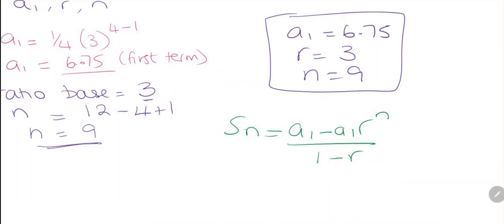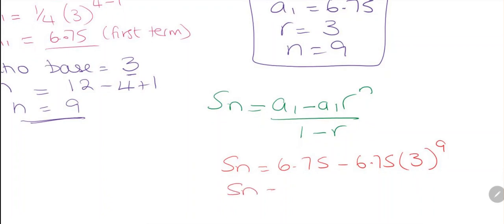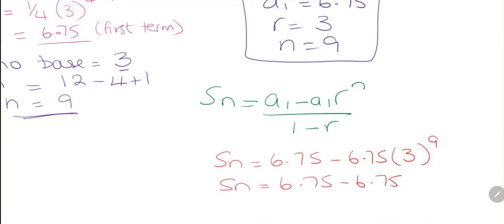So now we'll substitute in. So Sn, a1 is 6.75 minus 6.75, r is 3 and it's to the power of 9. 3 to the power 9 is 19683.